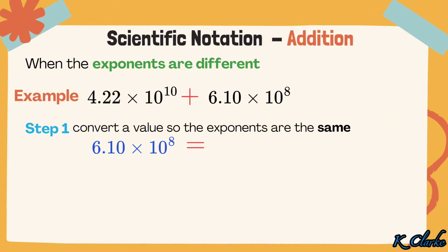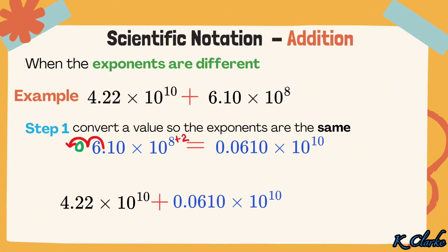Converting 6.10 times 10 to the power of 8, in order to get to the power of 10, we are going to add 2. Therefore, move the decimal point 2 times to the left. Then place a 0 in the space. The converted answer is 0.0610 times 10 to the power of 10.